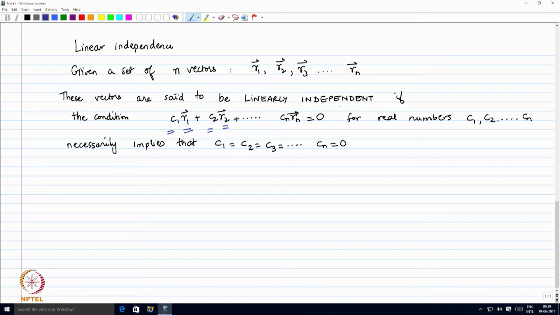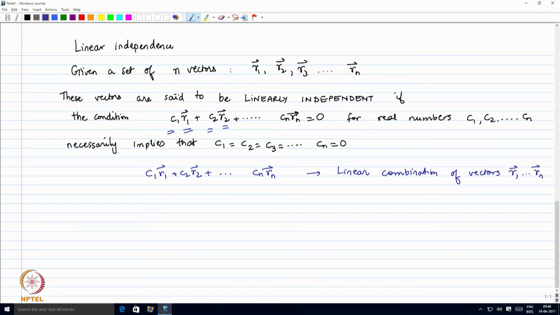So, this C1 R1 plus C2 R2 plus up to Cn Rn is called a linear combination of vectors R1 up to Rn.